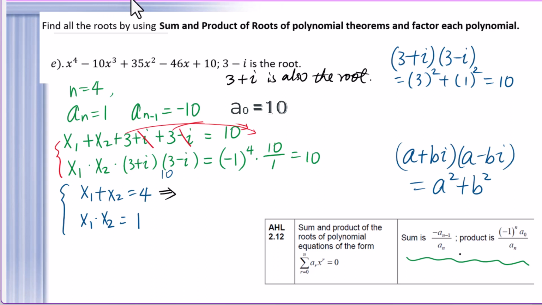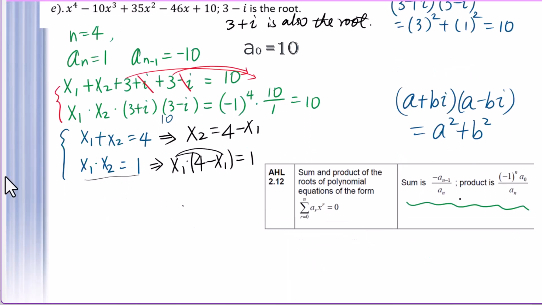For x1 plus x2 equals 4, we can get x2 equals 4 minus x1. Then we plug into this equation. We got x1 times (4 minus x1) equals 1.